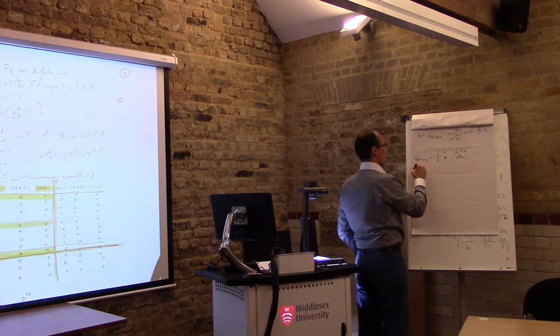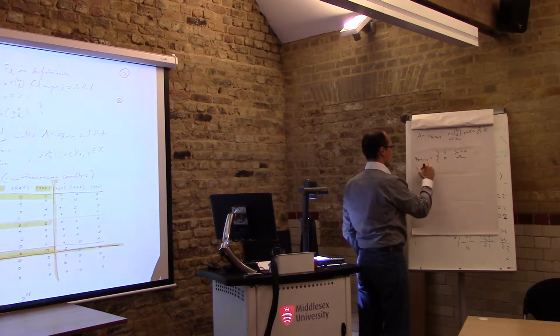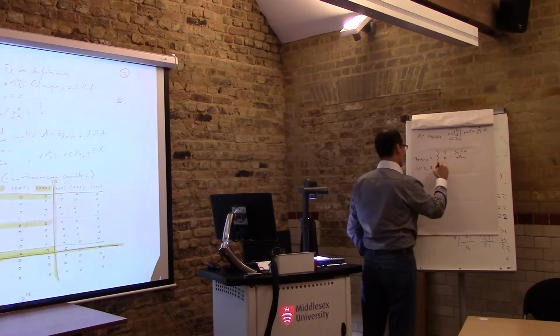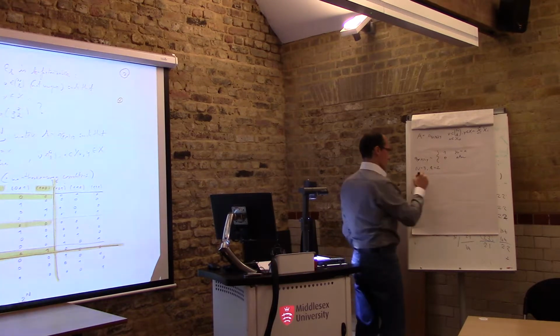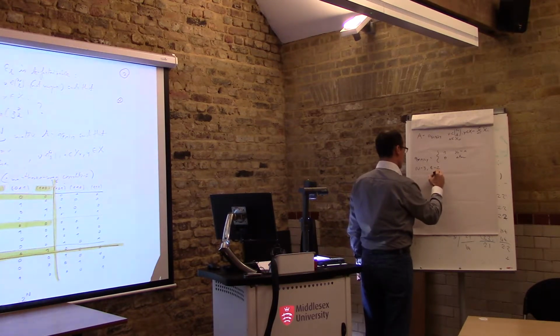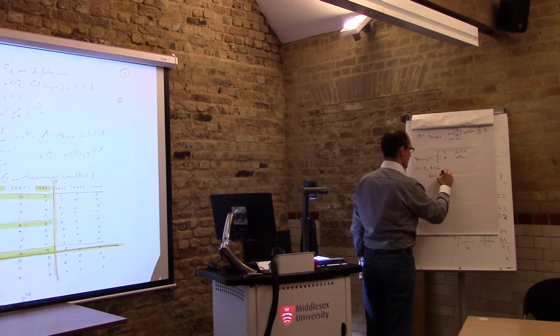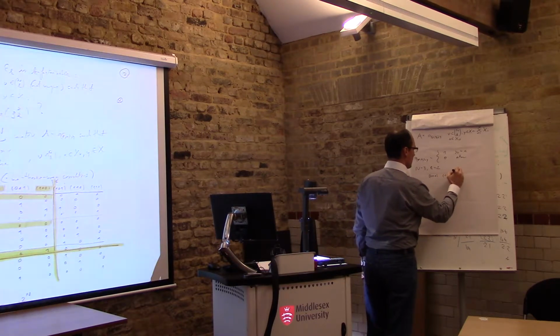Let's do it for n equals 3, k equal 2. So we have 0, 0, 0, 0, 0, 1. Just take a few.